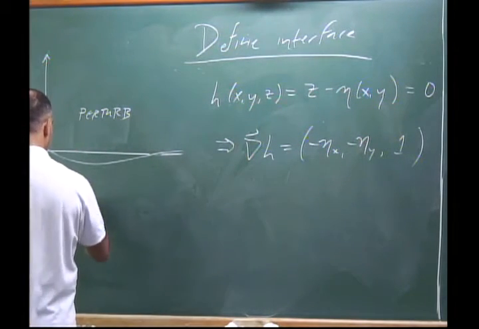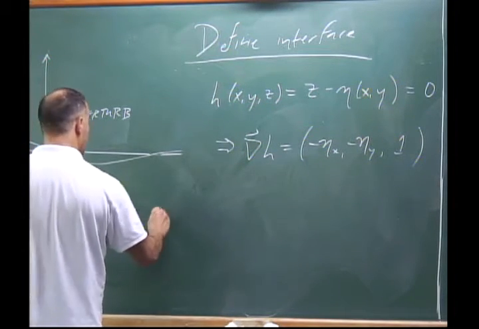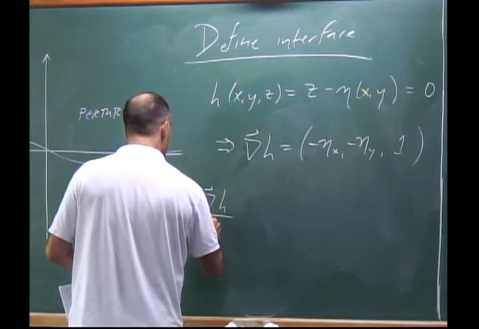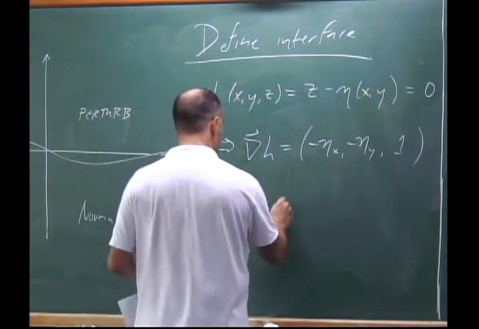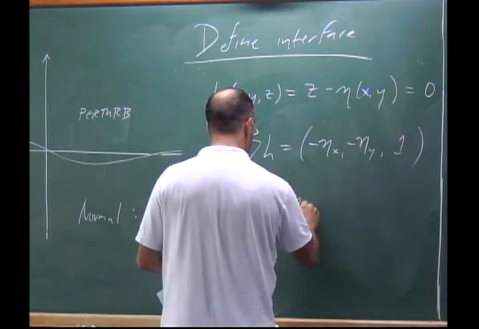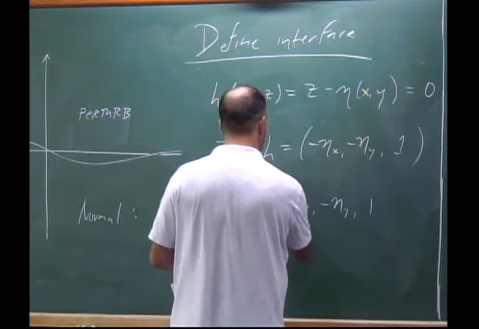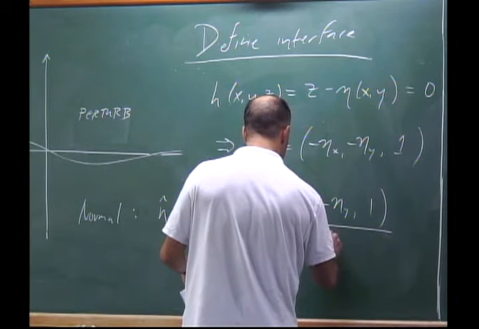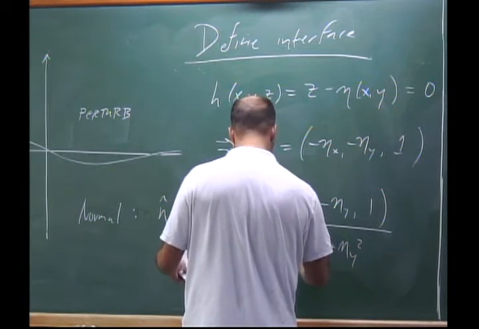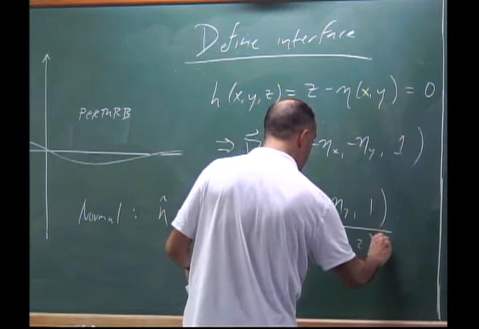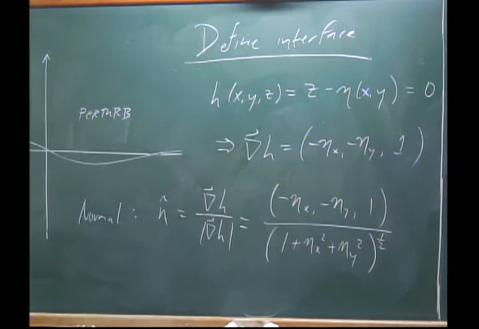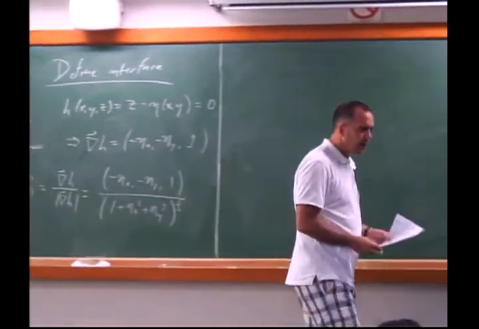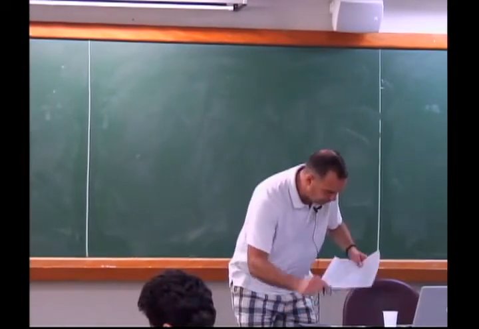And so the normal, okay, so that's our normal, which we're going to need when we calculate the pressure jump across the interface.